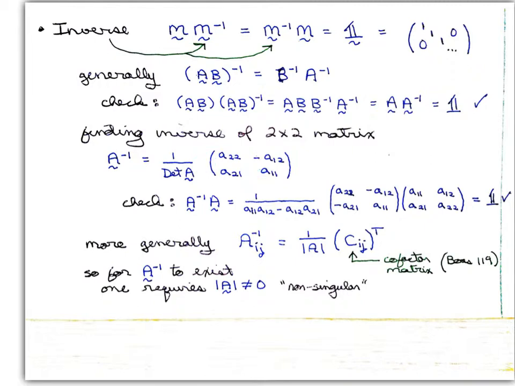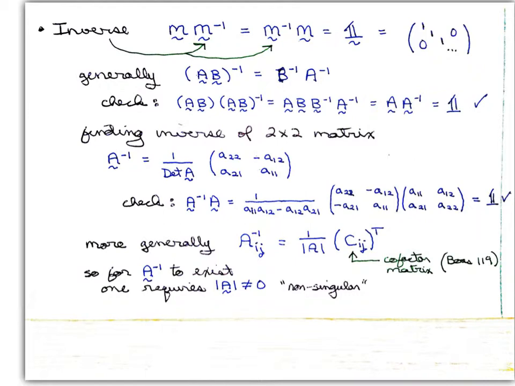We can check that by multiplying this form of the inverse matrix by our original matrix, and if you go through the algebra carefully, you can convince yourself that the off-diagonal elements are 0, and the diagonal elements cancel against this factor here, so we end up with the identity matrix.